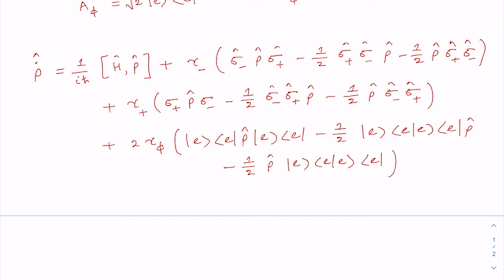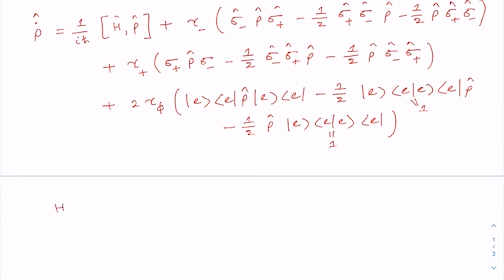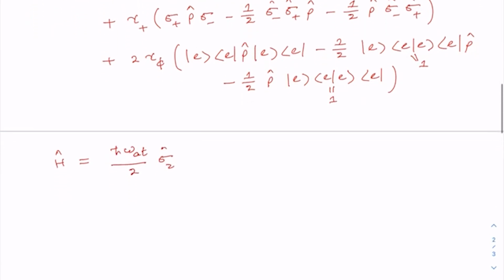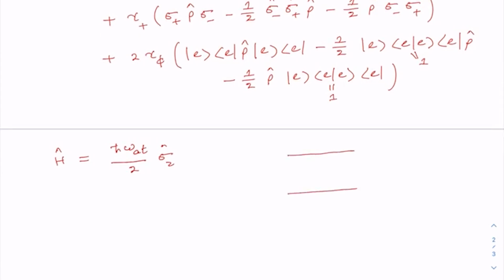This would actually become simplified because we know that this part is a scalar product. This is equal to 1 and this is equal to 1. Anyway, we'll do that. So this is the quantum master equation, where the Hamiltonian, I write in the diagonalized form here, h cross omega atom by 2 sigma z is the Hamiltonian. That means that my excited state has energy h cross omega atom by 2, and the ground state I am taking the energy as minus h cross omega atom by 2.